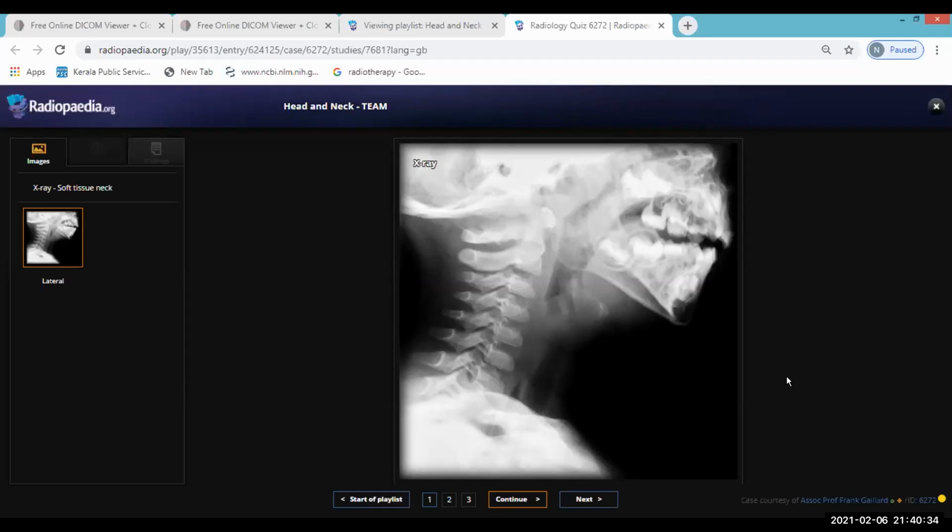Okay, I am provided with a lateral cervical spine radiograph. I am looking at the bones. I am not able to find any abnormality in the bones. Now I'm looking at the airways. I think there is some thickening noted at the level of epiglottis, with probably the thumb sign.